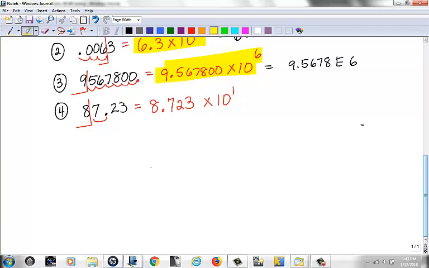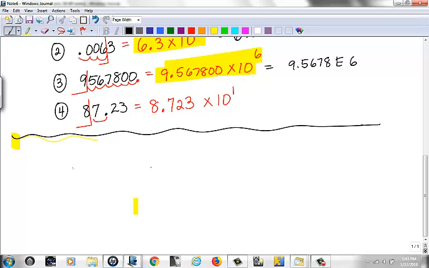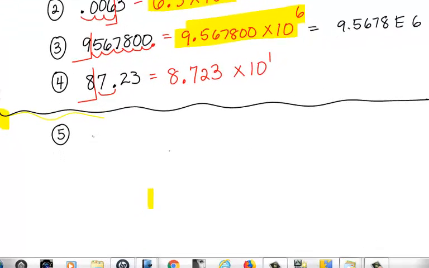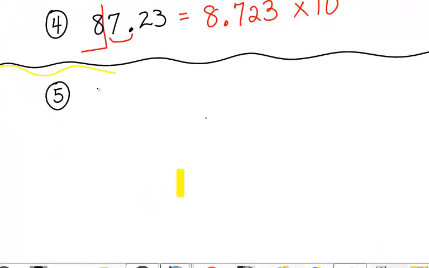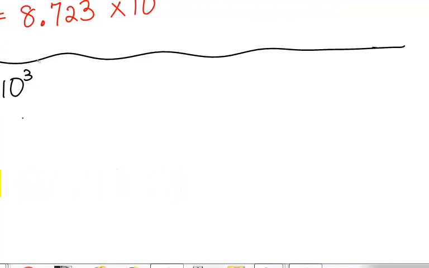Now, to put a number in, let's go the other way. Let's say I just want to enter a number like 6.54 times 10 to the third. If I want to put that in scientific notation on the calculator without going into that mode, type in 6.54 and then above the comma key it says EE.